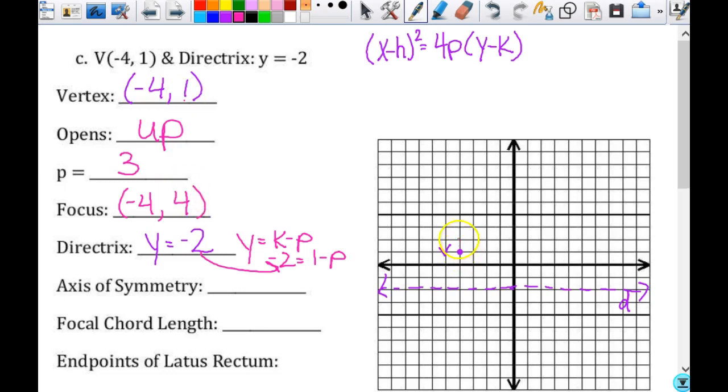So negative 4, 4, there's my focus. Okay. Axis of symmetry is going to be an x equals line, and it's x equals what? Negative 4, good. There's my axis of symmetry.